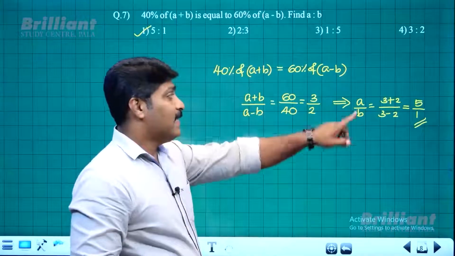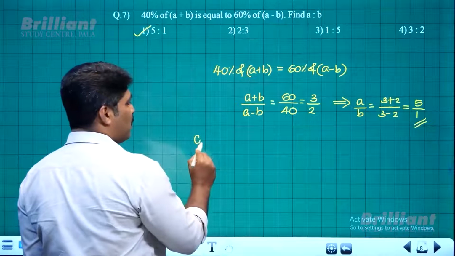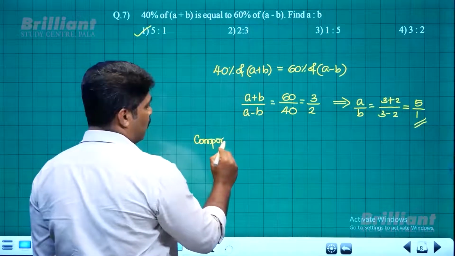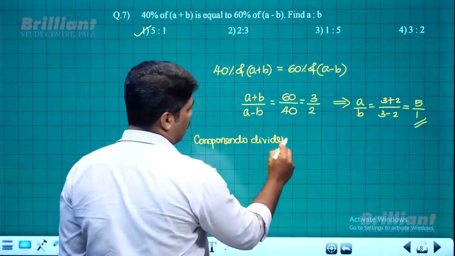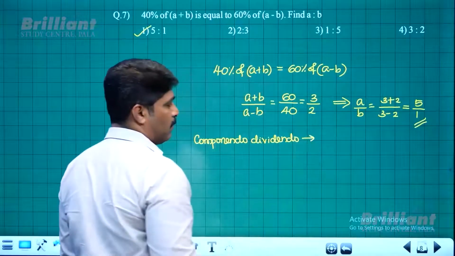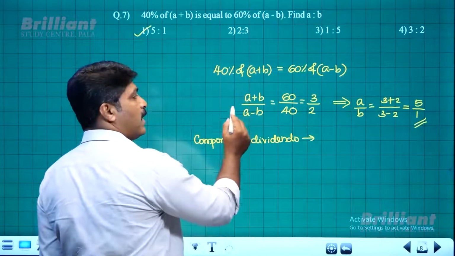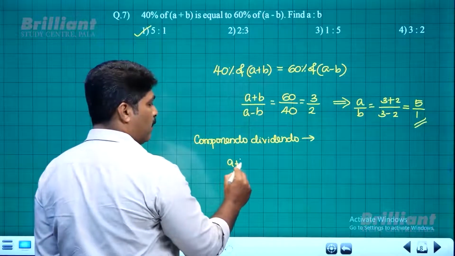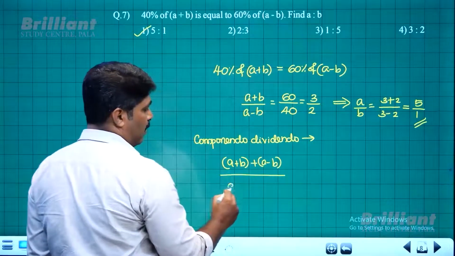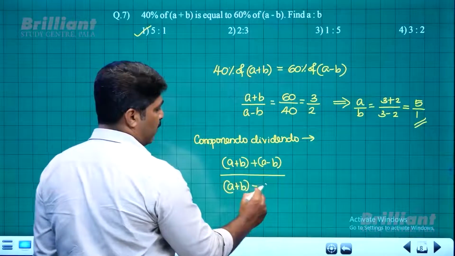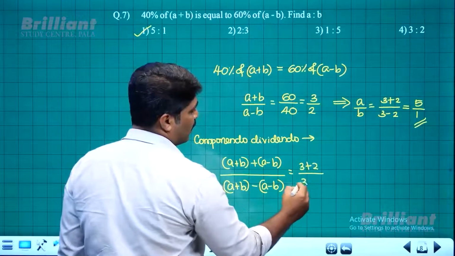Then what is the reason behind such an operation? That is nothing but the application of componendo dividendo. Maybe you heard about this property of proportion. Componendo dividendo is nothing but the sum of these values, that means a plus b plus a minus b, divided by a plus b minus a minus b, on the right side 3 plus 2 by 3 minus 2.